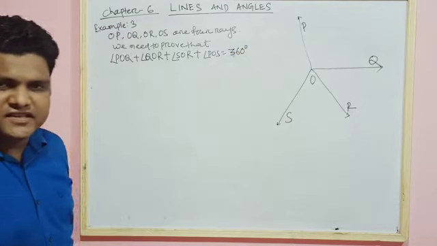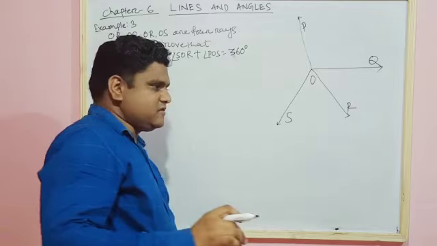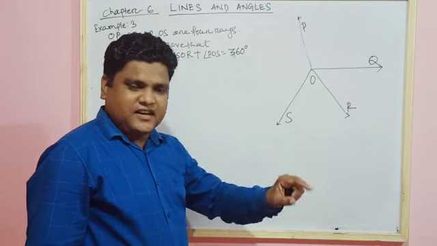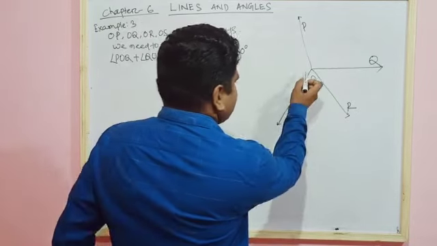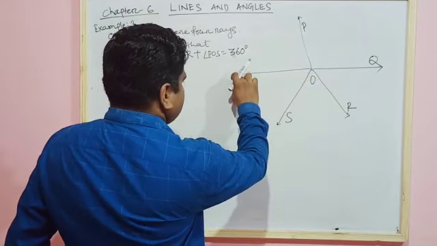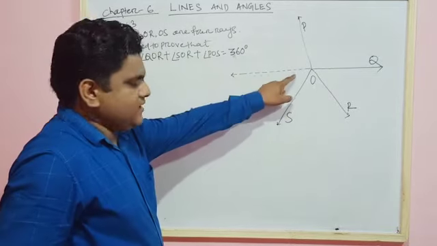We have to prove this. How can you prove this? For this purpose, we have to extend a line so that it forms a straight line. Let's extend this one like this, and if we construct an additional line, it will be a dotted line.